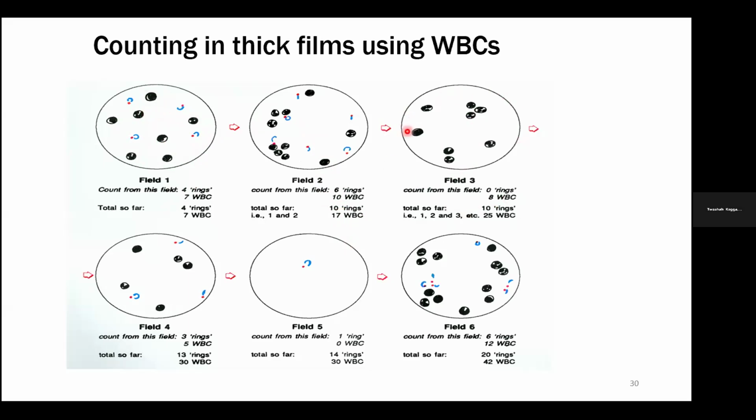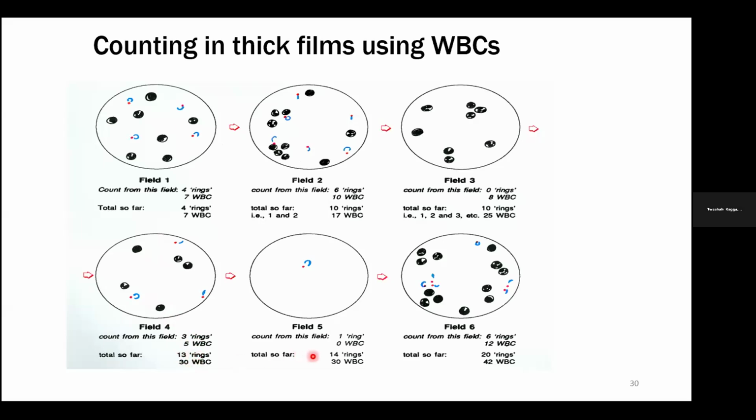But in the third field, there is no parasite, but there are 8 white blood cells. The total for parasites is 10 so far, but that of WBC has increased to 25. Then in field number 4, there are 3 parasites and 5 WBCs. The total of parasites is now 13, WBC is 30.